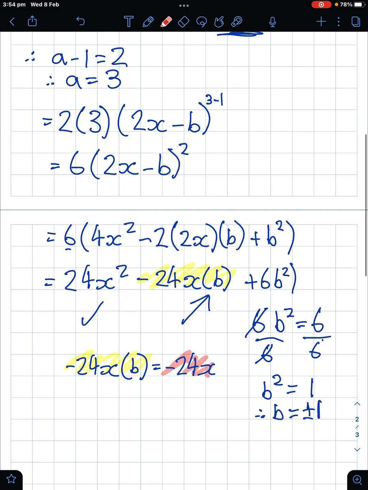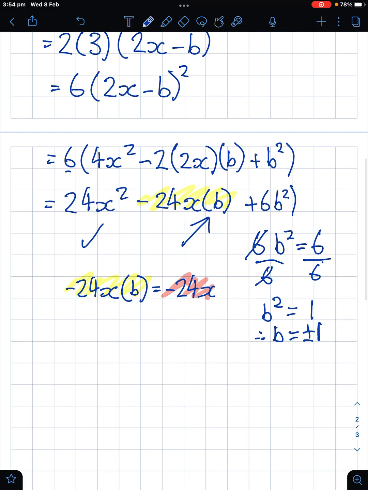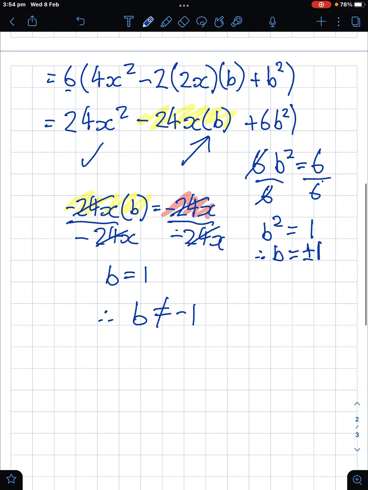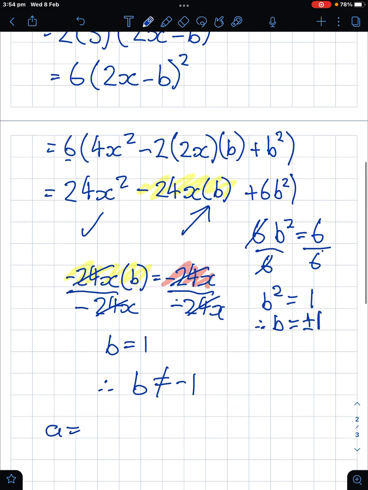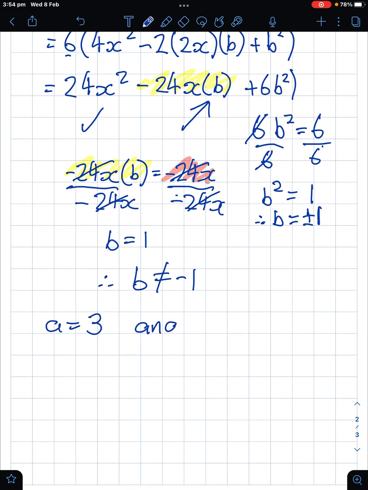If I divide both sides by negative 24x, they cancel, and we're left with b equals 1. Therefore, b does not equal negative 1. So in our solution, we worked out that a equals 3 and b equals 1. All right, thanks guys.